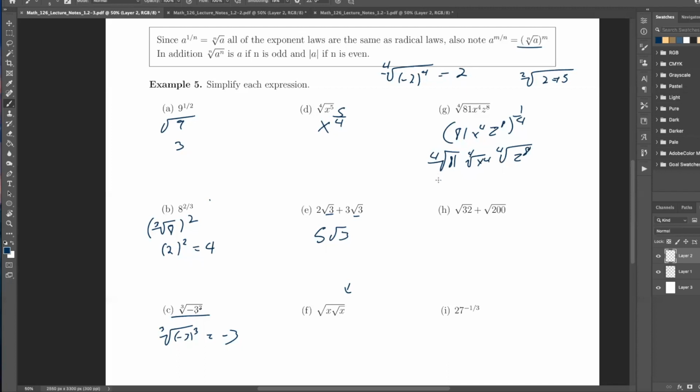All right, so the fourth root of 81 is 3. Here we have the situation where a is even, so I can write this as the square root of x. Here, this will be z squared, since it's easier to see as z to the 8/4.